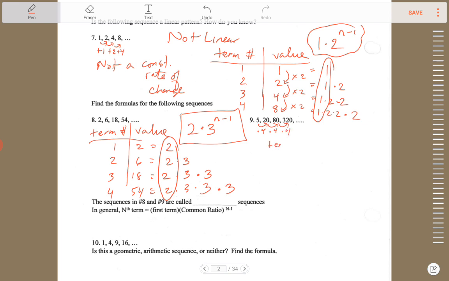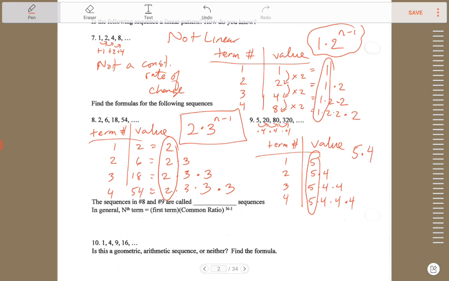So in terms of building our table, we say term number versus the value, and we have 4 terms, and we have 5. 5 times 4 gives us 20. 5 times 4 is 20, times another 4 gives us 80. 5 times 4 times 4, that's 80 times 4, that's 320. So what you see is the same value, the 5 multiplied by repeated 4's.